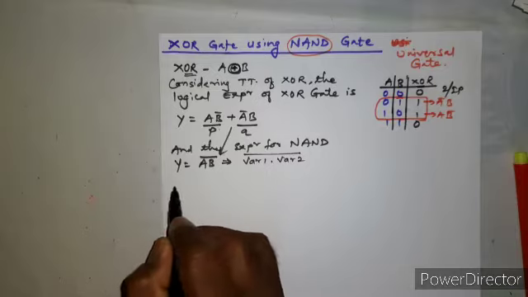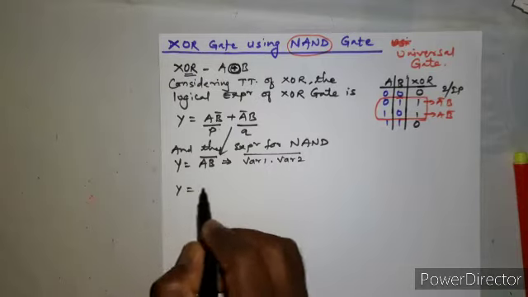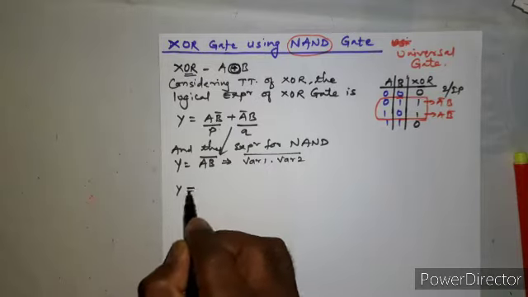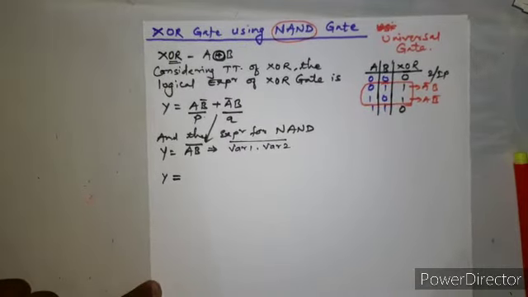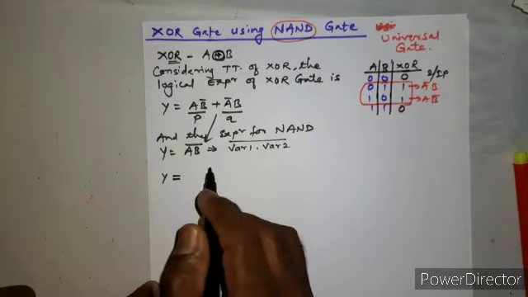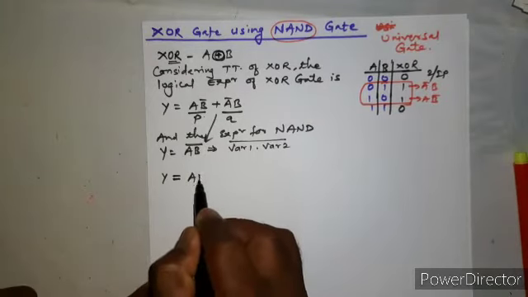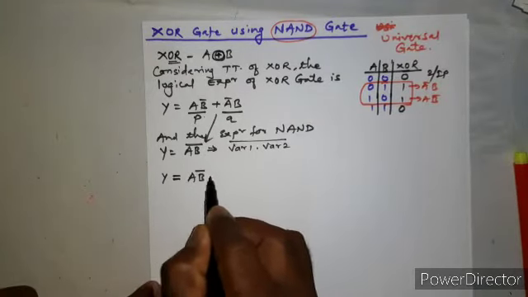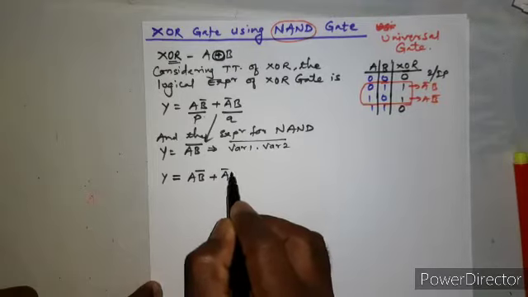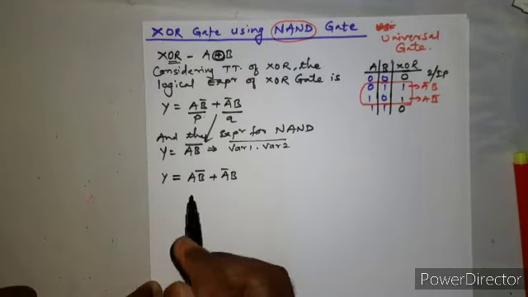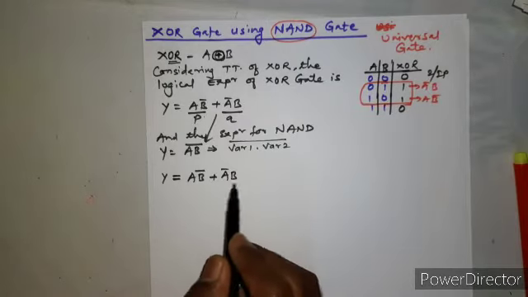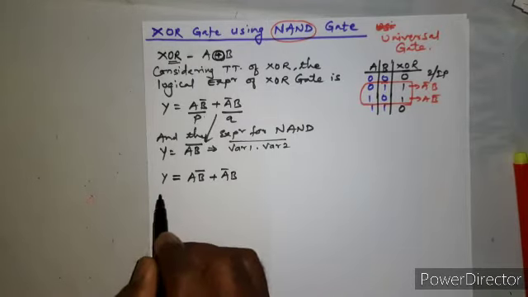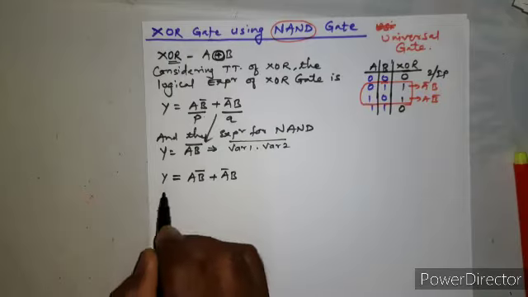So I'll write down the XOR equation y equal to, now just be attentive because this is very interesting, A B bar plus A bar B. Okay, so what can be done here? Can we do anything here? No. So we can take double inversion.